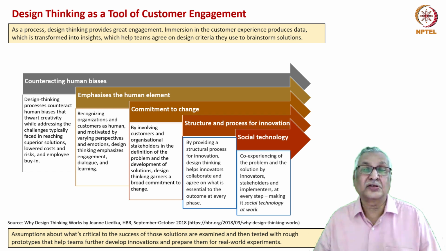And the fifth one is the social technology dimension. The company is co-experiencing the problem as well as the solution through the design thinking process. In the normal course, when a problem is brought by the customer, the first thing which the company looks at is whether the product is under the warranty period or not.